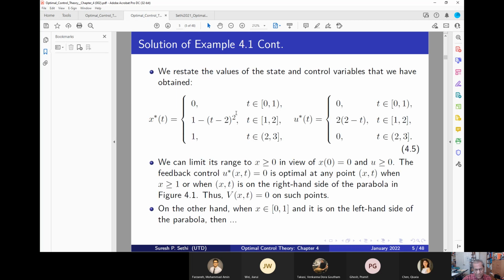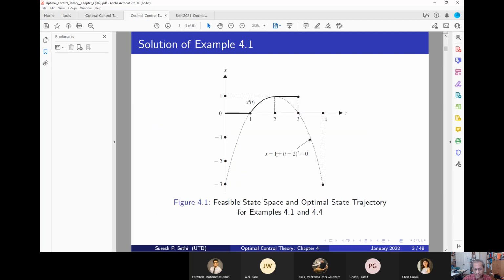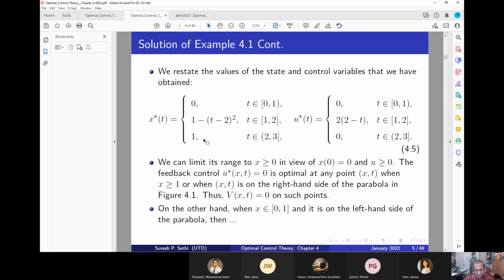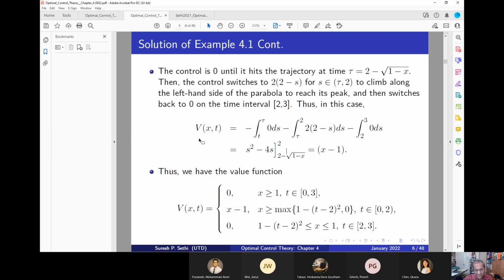In order for us to find V(x,t), we need to have x and t arbitrary. So for any x condition given at time t, not at time 0, because we need V(x,t), we need to be able to find the optimal control from any given x(t). For any given x(t) initial condition, we need to find the optimal control.